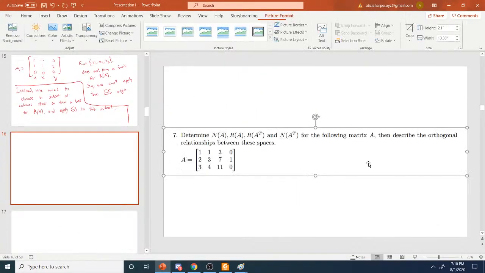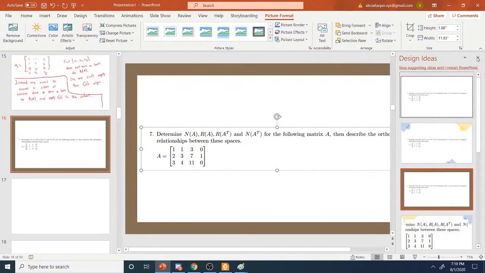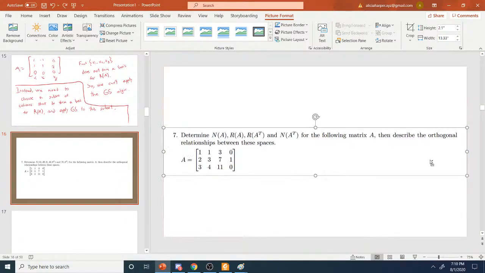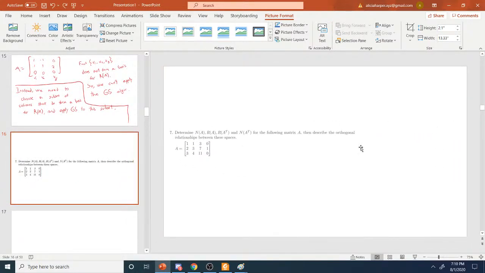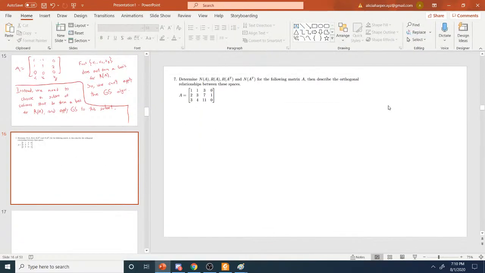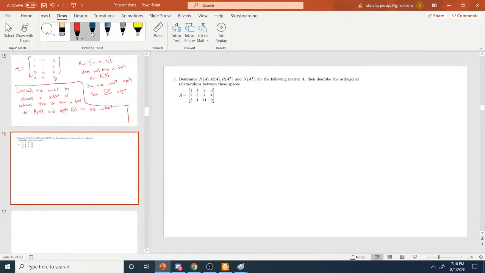If you know what's going on, it doesn't actually involve that much computation. All right, first thing we're going to do here is compute the null space of A. And we can compute this via row reduction.